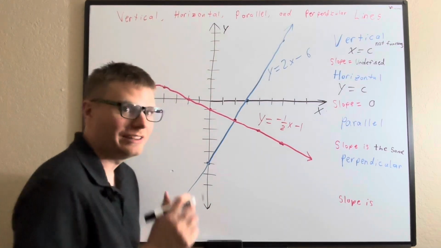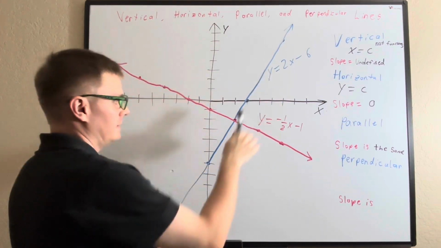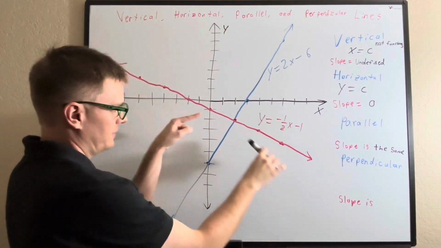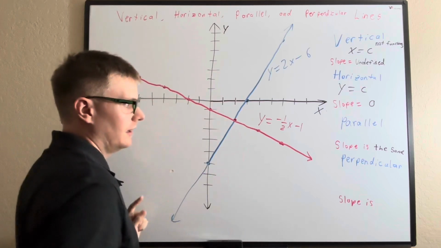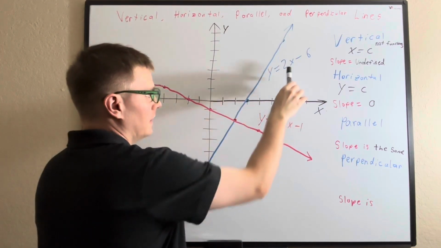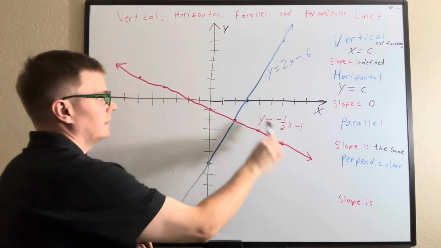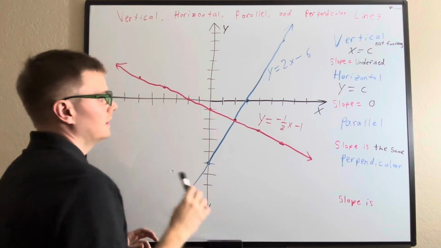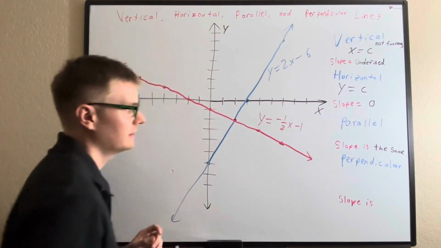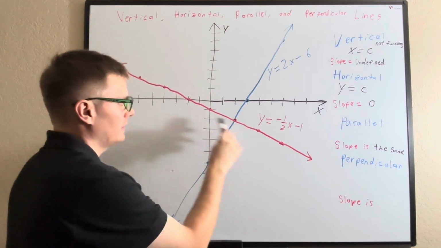All right, finally we get to perpendicular lines. Now, this time I still have a blue line and a red line, but this time they intersect. I also included the equations that come with the red line and the blue line. Now, we know they're not parallel because their slopes are different, and they intersect, obviously.